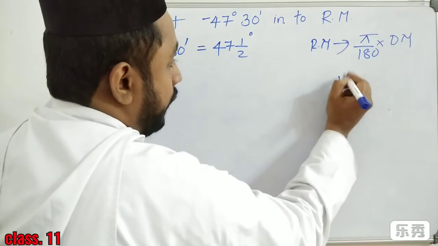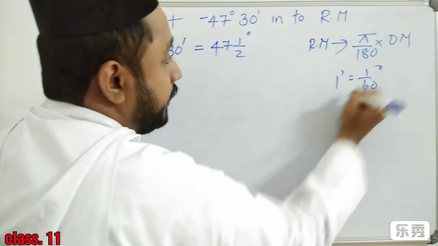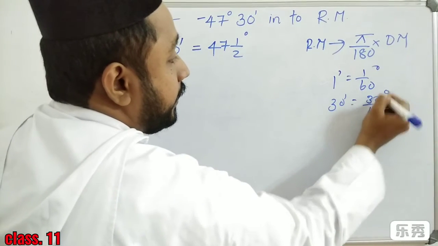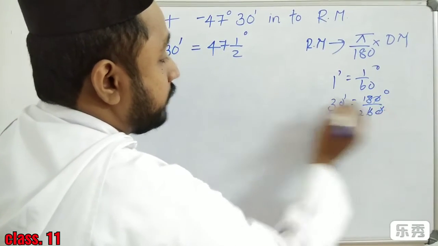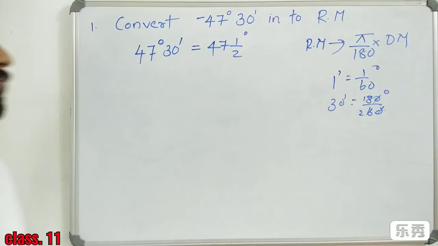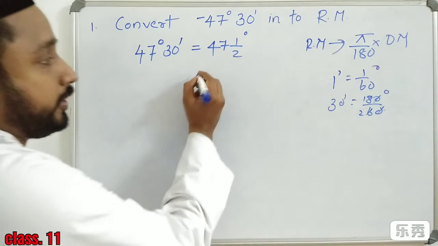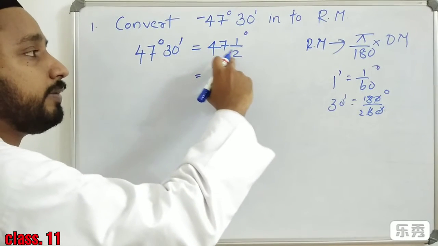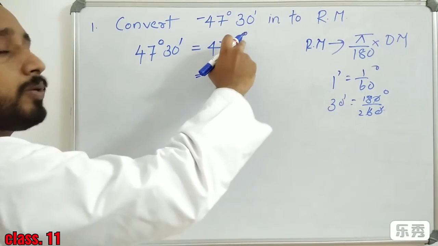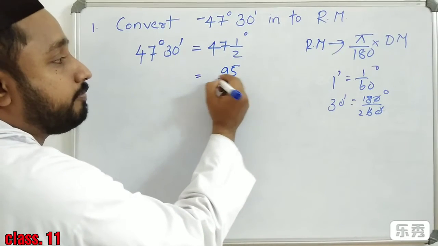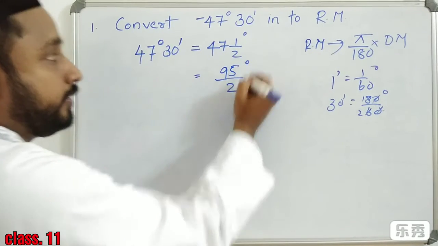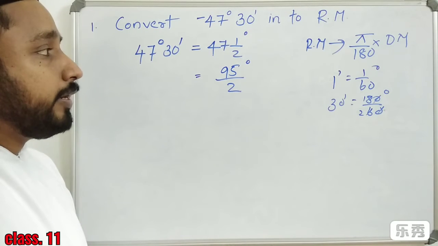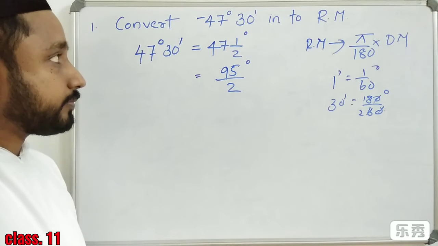Now we can change this mixed fraction into an improper fraction: 47 into 2 is 94, 94 plus 1 is 95. So 95 by 2 degree. So we wrote 47 degree 30 minutes as 95 by 2 degree.